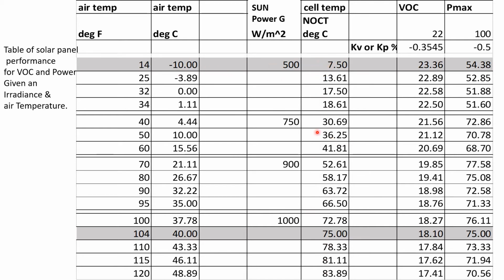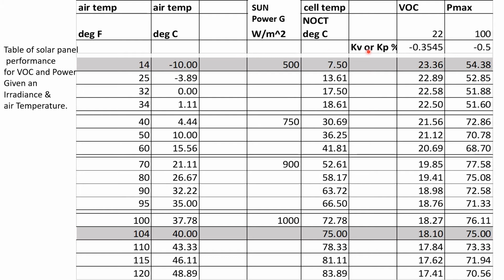This column here is the implementation of the NOC equation, and taking these two values, the sun power and the cell temperature, I calculate the panel output power. And for the open circuit voltage, I just take the temperature correction for the panel temperature given an air temperature using the NOC method, and that's the only thing that matters here.